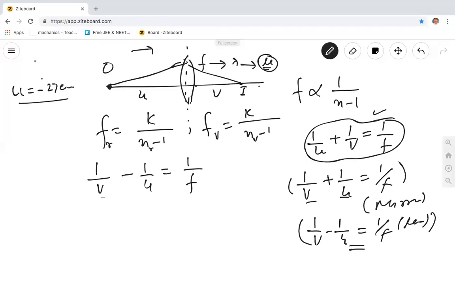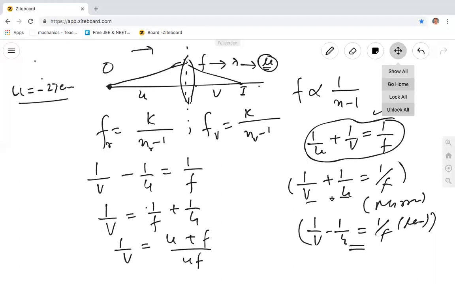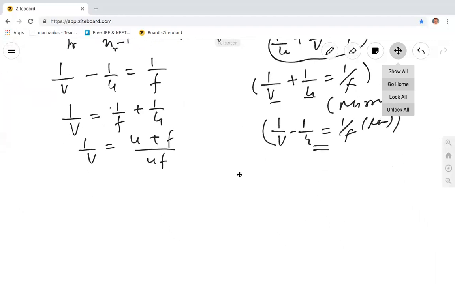Have a look here. 1 by v is equal to 1 by f plus 1 by u, right? Good. 1 by v is equal to u plus f by uf, right?